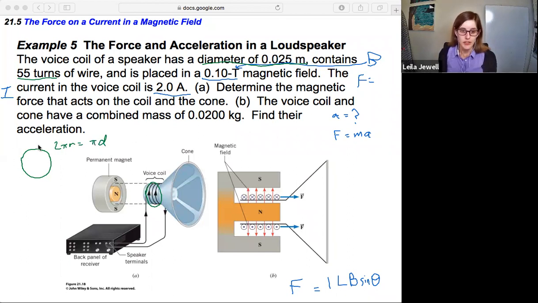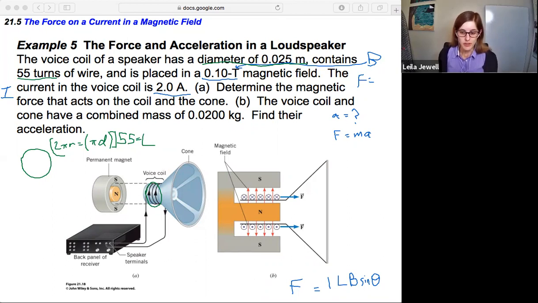And then if we want to get the length of all of the turns, then it'll need to be 55 times that. All of this times 55 will give us the length. So that is an important little detail there.